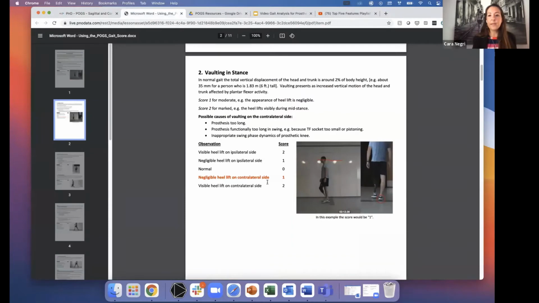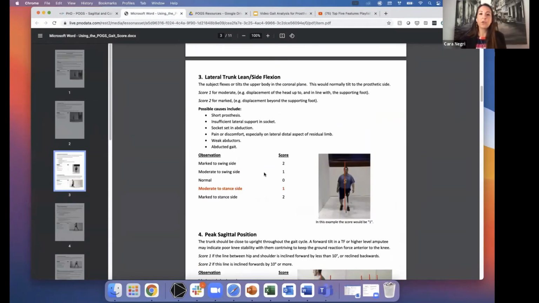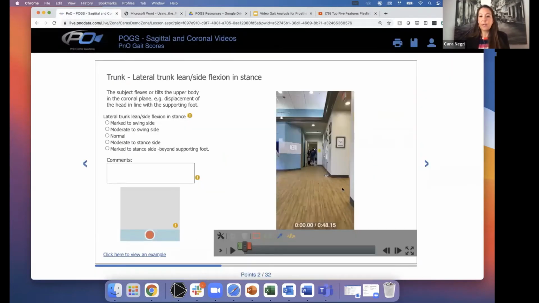Okay, so the next measure is lateral trunk lean and side flexion. So the great thing about this is that now, as you see, it's pulled up the video that I'm looking to see. I'm going to just scrub through till he gets a little bit closer to the camera.